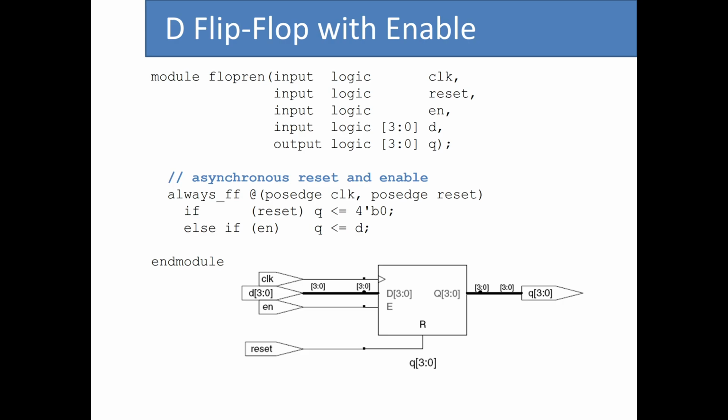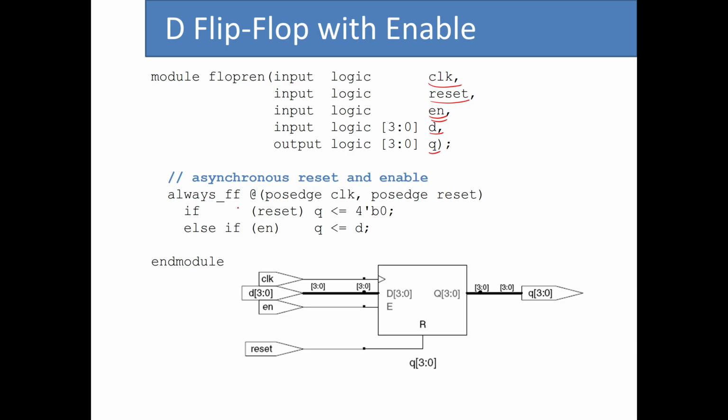Otherwise, we don't want to do that. So in this case, we have the clock signal, the reset signal, D and Q, but we have this additional bit, the enable bit too, that we need to check as well. So this is an asynchronous resettable flip-flop with enable signal.